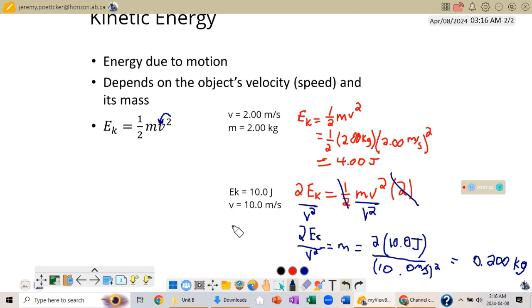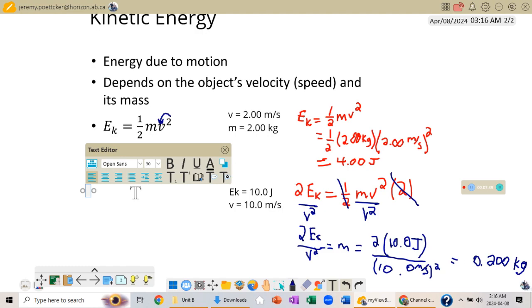All right. Let's take a look at the last one. This is probably the hardest type of question. And in this case here, my kinetic energy is going to be equal to 200 joules.